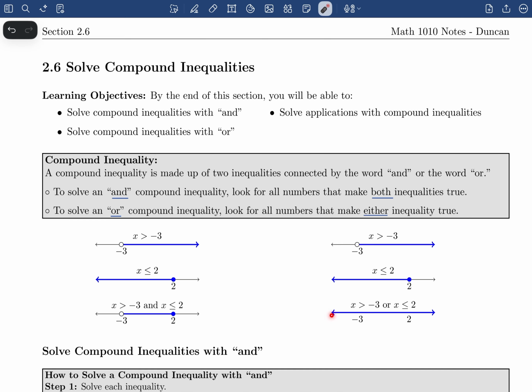And so it ends up being all of this line gets graphed, it all gets shaded, and it looks like this. So here is the compound inequality with and versus the compound inequality with or. These are the solutions for both of them graphically, and we see how they're different.